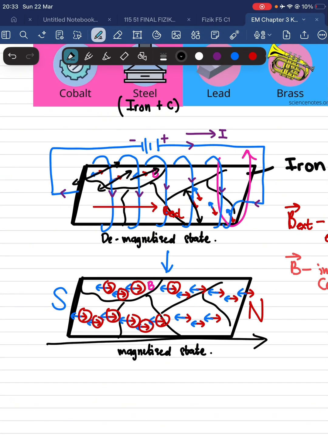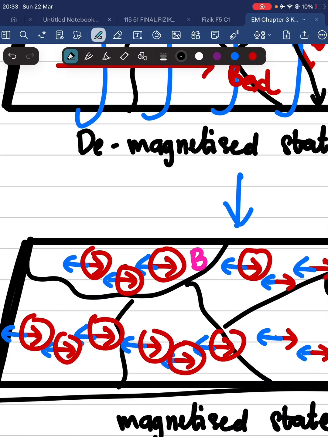So what is the conclusion? The conclusion is you apply the B external due to the circulating current just now, and this B external will affect the internal magnetic field, the electron. So it will divert the electrons to be in one direction in all domains.